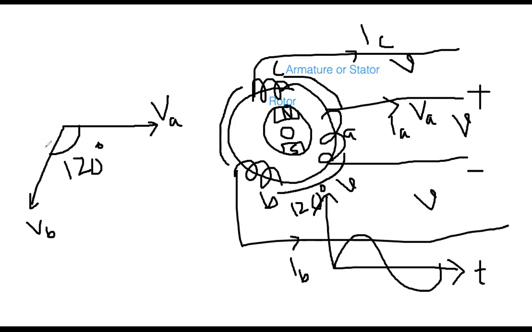And then again, I will go another 120 degrees. This is VC. So from here, another 120. Or in other words, anti-clockwise, this is 120 degrees.